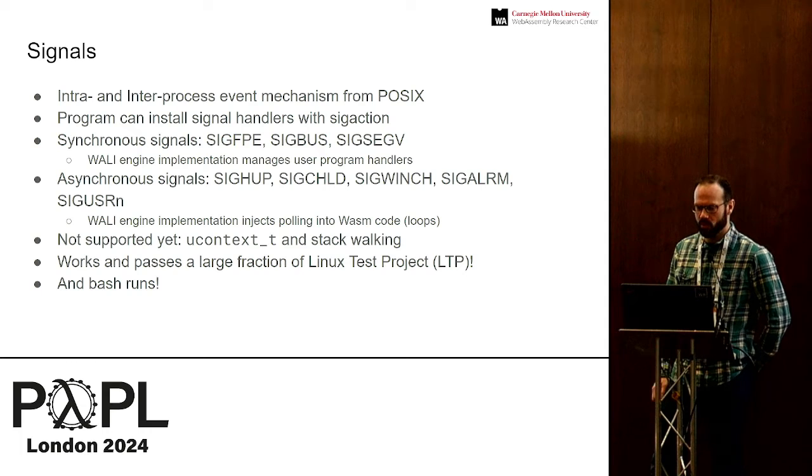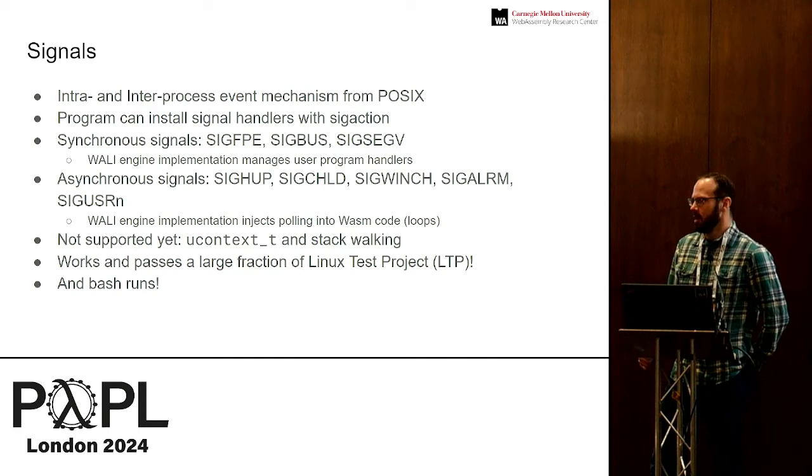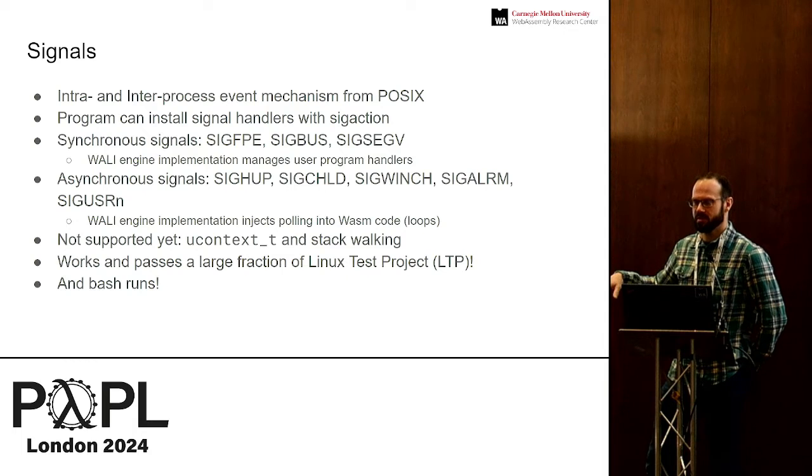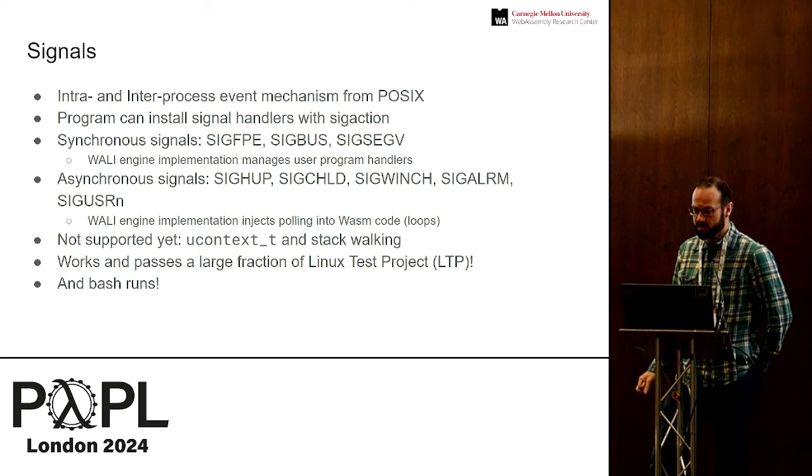And of course, engines might do other things with SIGSEGV or SIGBUS. For example, there are engines that implement orthogonal persistence for memory, and those kinds of signals basically map parts of your WASM memory as read only to detect changes. So you're not going to see those. But there are some important asynchronous signals too.